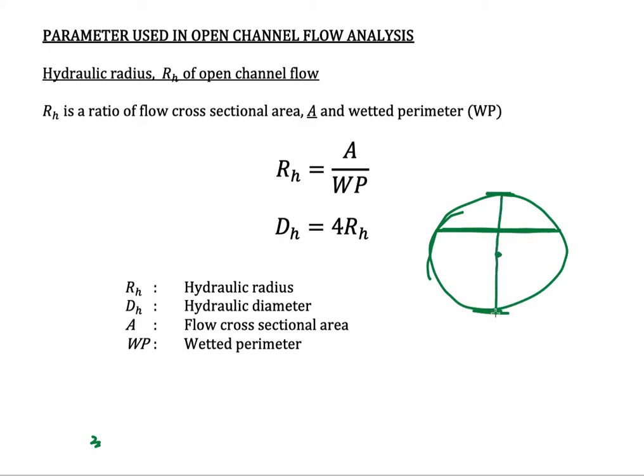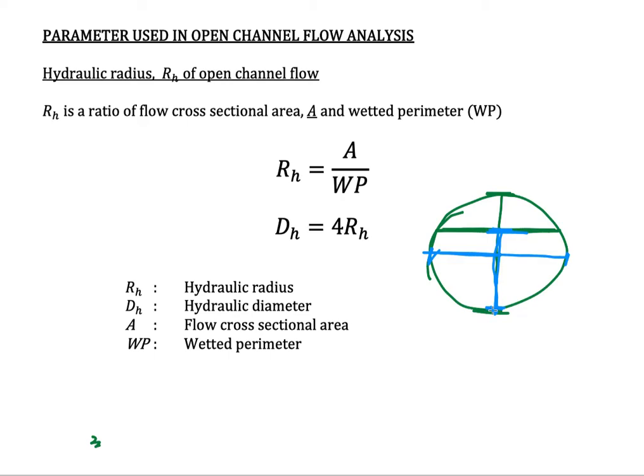But the water is actually from this surface to this surface. You may say from here to here is the diameter, but it's not the diameter of the pipe. So the usage of diameter is incorrect.